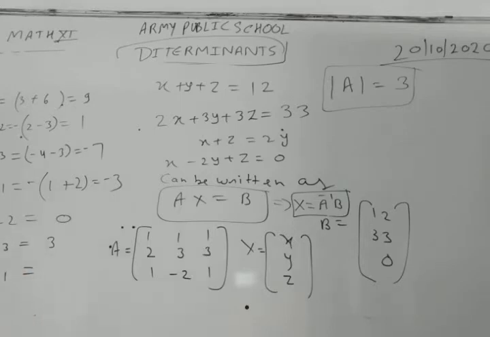A31 is 0. A32 is minus 1. A33 is equal to 1.